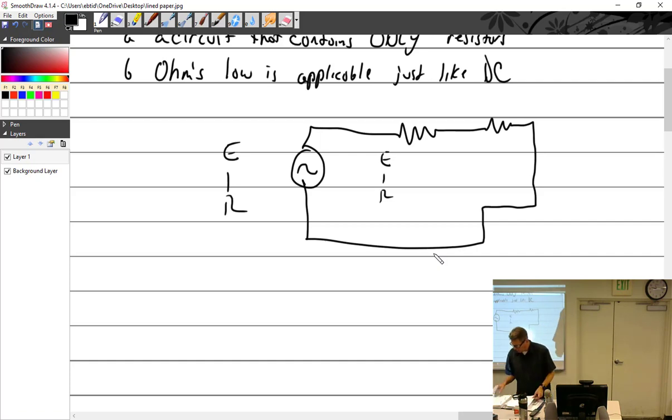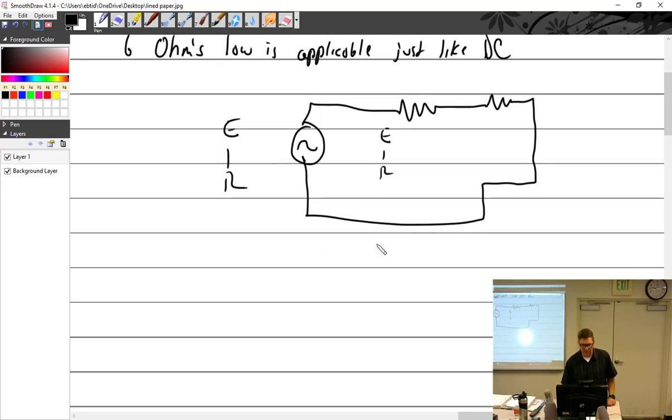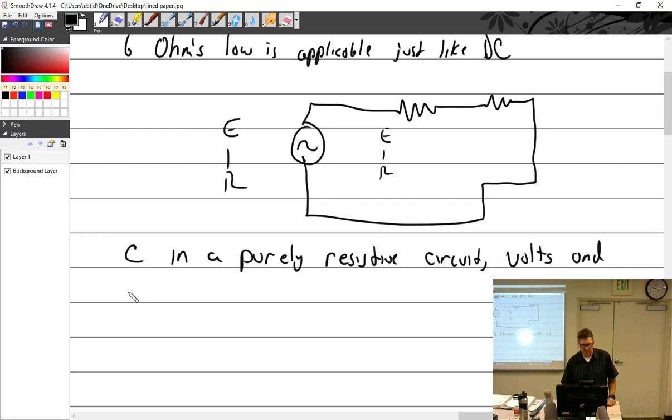When we get done: in a purely resistive circuit, volts and amps are in phase. Ohm's law is applicable just like DC. We'll make this point C then. In a purely resistive circuit, volts and amps are in phase, which means when the voltage reverses, amps reverse.